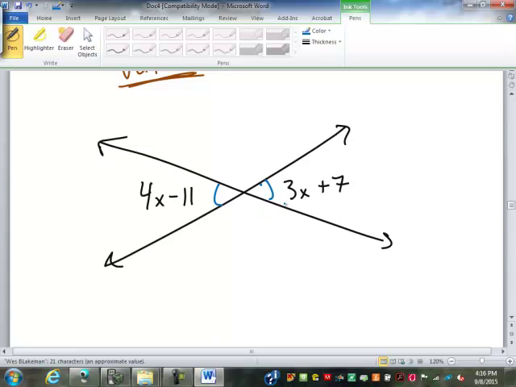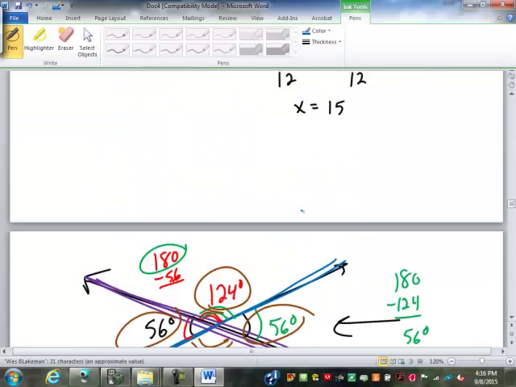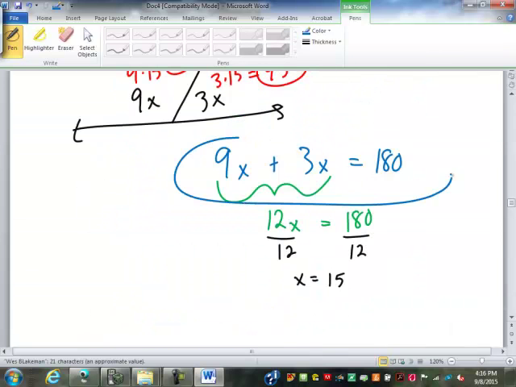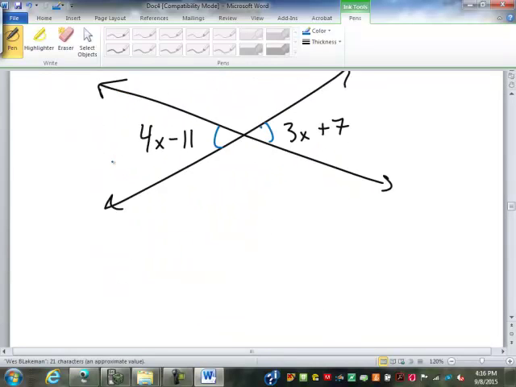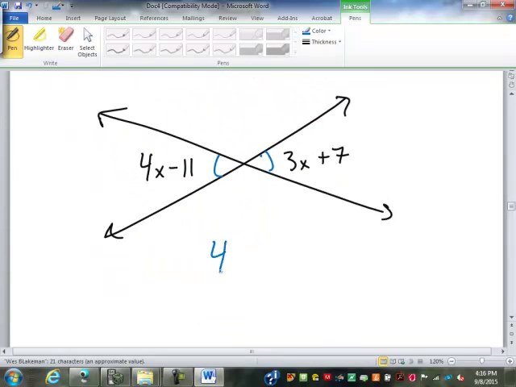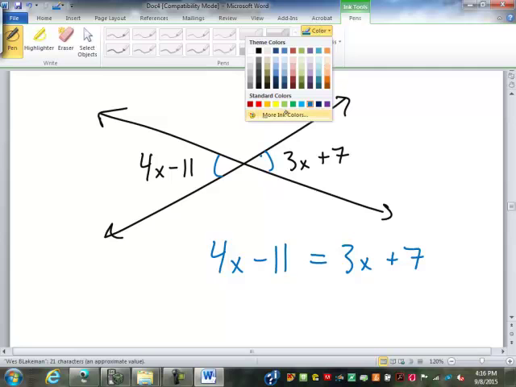They have to be equal. So up here before I was adding two things. It was 9x plus 3x equals 180. Down here I'm not combining two things. I'm making them equal to each other. 4x minus 11 has to equal 3x plus 7. What do I do now?